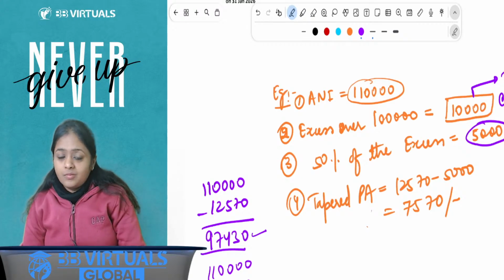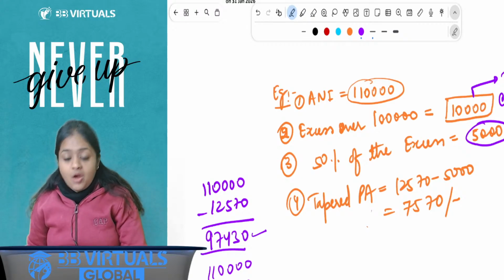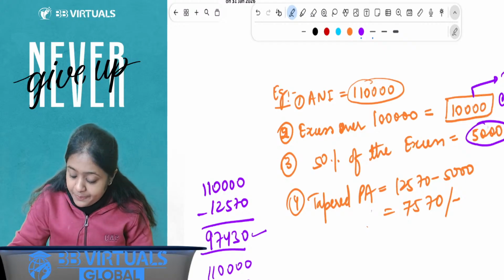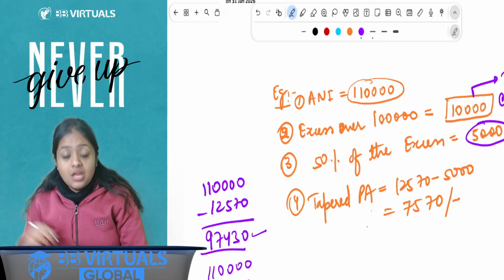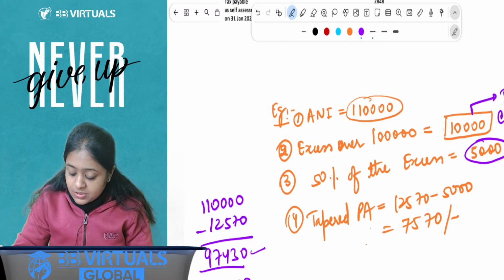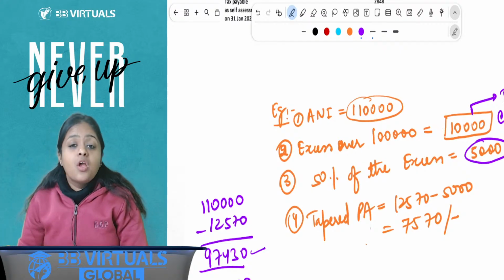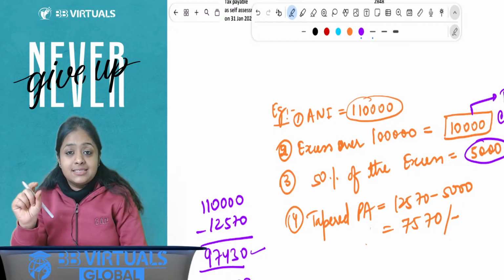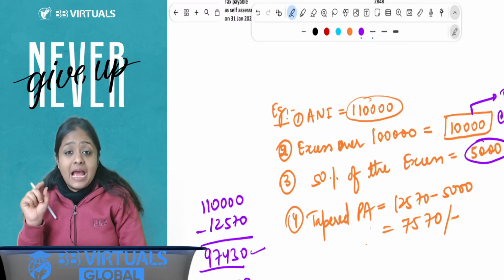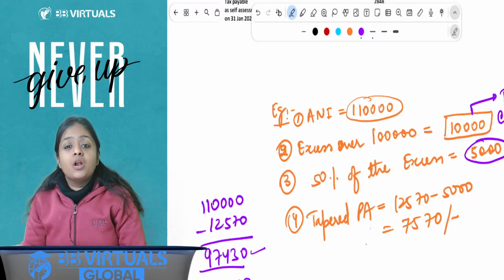Correct? Clear? Now, this is 50% of 10,000, right? So if I take this 10,000 as $1, because I want to explain to you what is the marginal tax rate that the taxpayer has to pay because the PA got tapered.